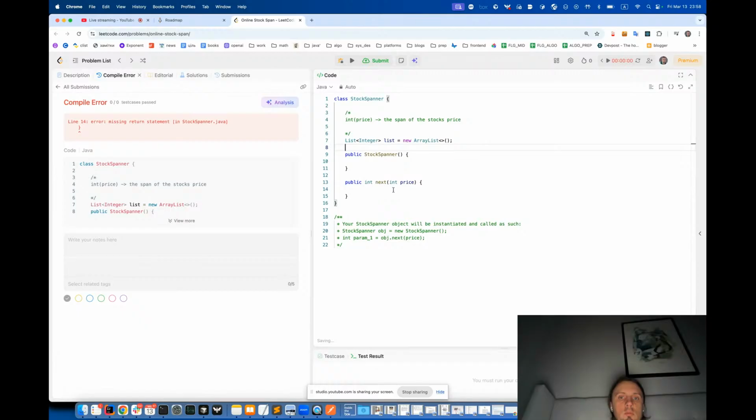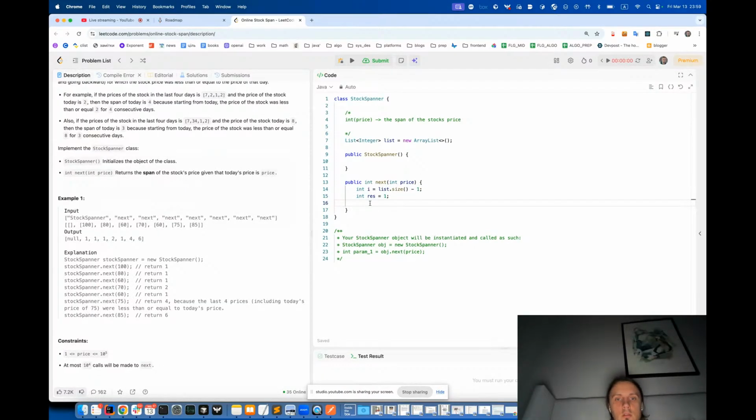So our index would always be equal to list size minus 1. And then we just have our result, which would be 1, because there is always at least one element, and we return this result.